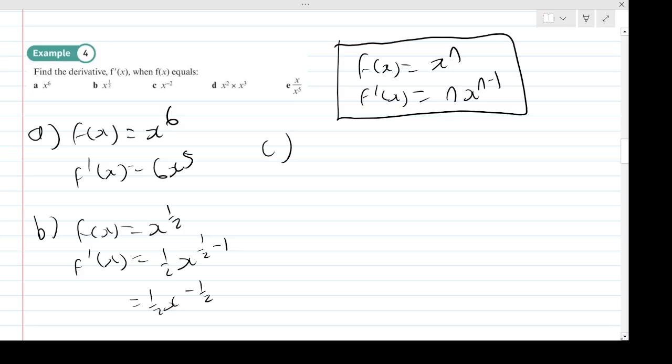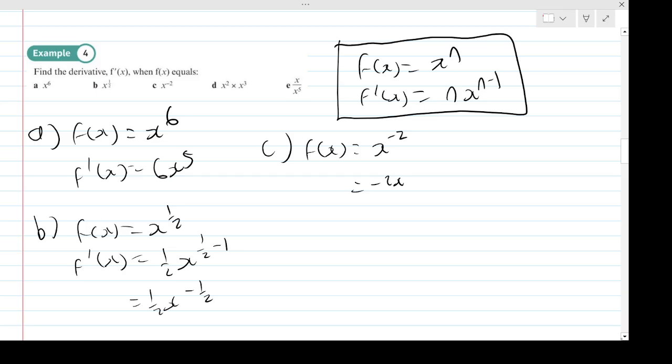Part C, we have x to the power of minus 2. f of x is x to the power of minus 2. So again, we're going to use the rule. We're going to bring the power, which now is minus 2, not just 2, but minus 2. All of that is brought to the front. So it's now going to be minus 2 lots of x.